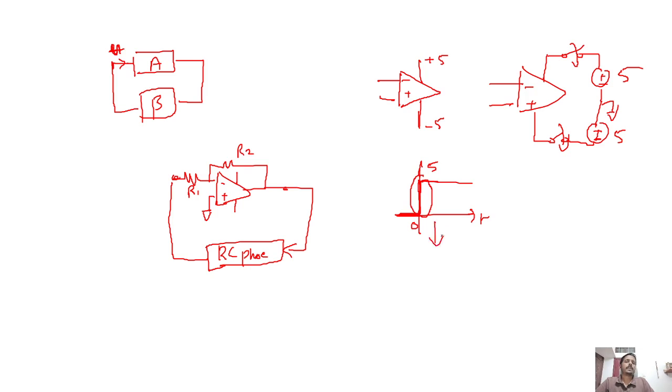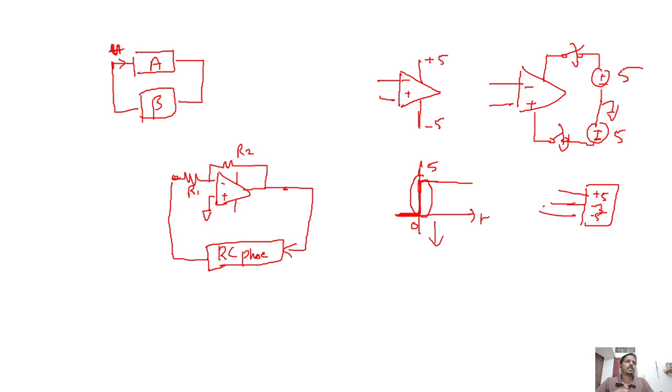Are you giving plus 5 and minus 5 simultaneously or not? Yes, simultaneously. Usually it is given through a power supply, plus 5, ground and minus 5.